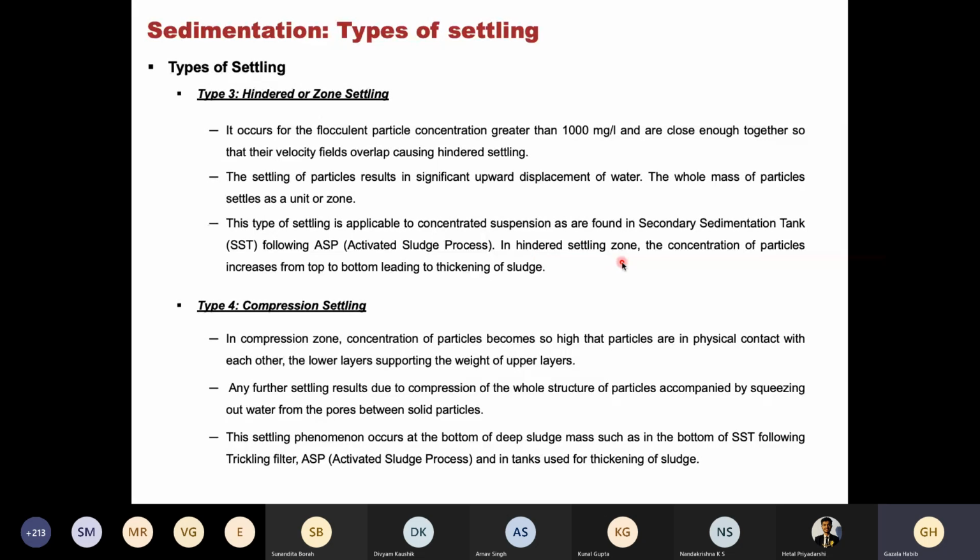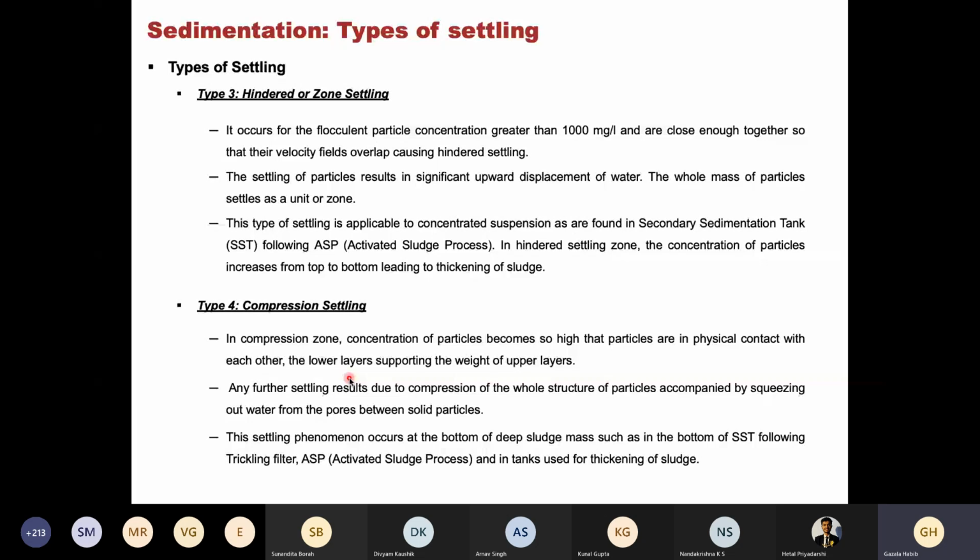Compression settling is the kind of settling where the concentration of solids is much higher than even in hindered settling. What happens is that the blanket of the whole sludge settles down, and the water between the pores of the sludge, or the solid material, comes out. The whole solid becomes thicker.